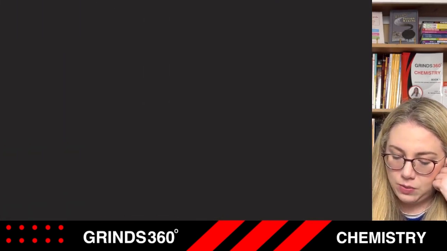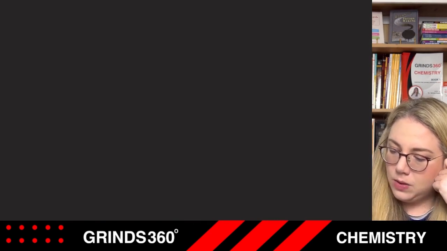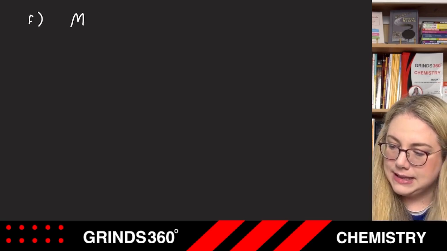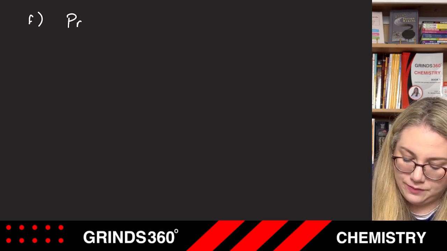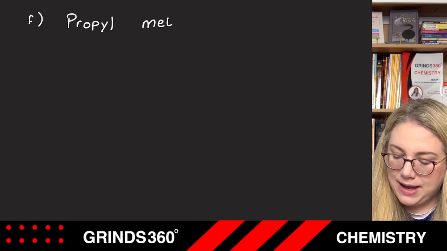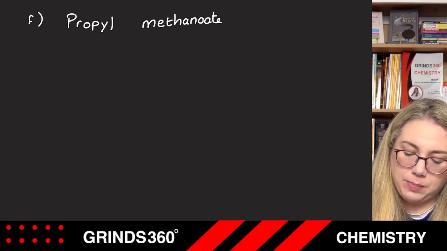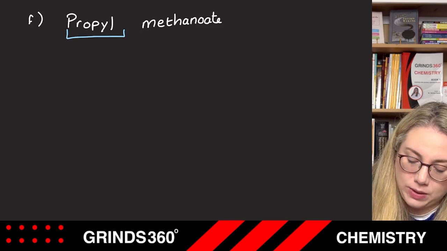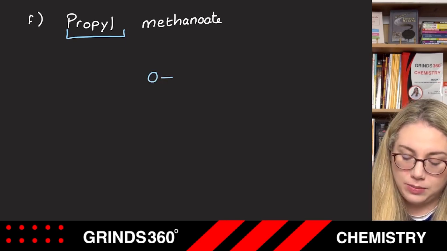So let's try one of these. Now on page 338, let's go for F. So question number F is propyl methanoate as the name of the ester. Now the propyl part, this is the bit that came from the alcohol. So I'm going to draw in the oxygen and draw that as a single bond to the carbonyl group in a minute.